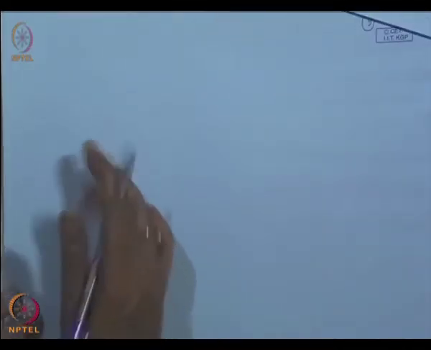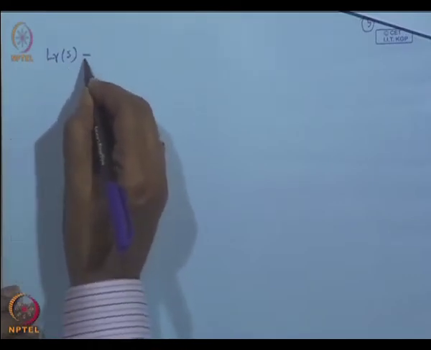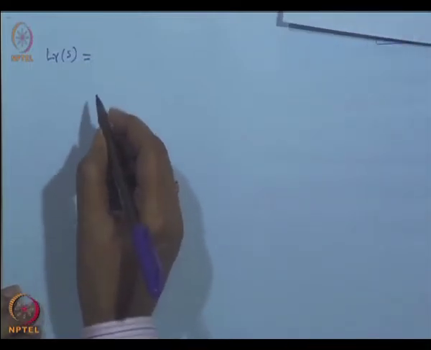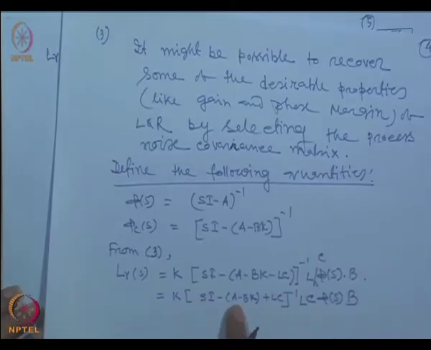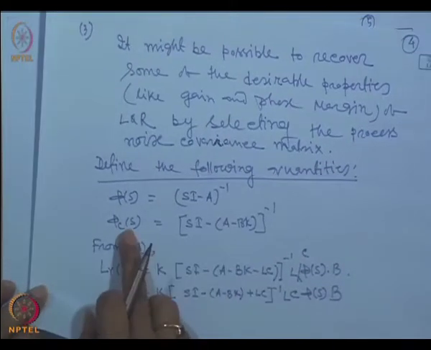Agree? So, this equation I can write further for L_R(s). This part, (sI - A - BK) inverse, is your phi_c.